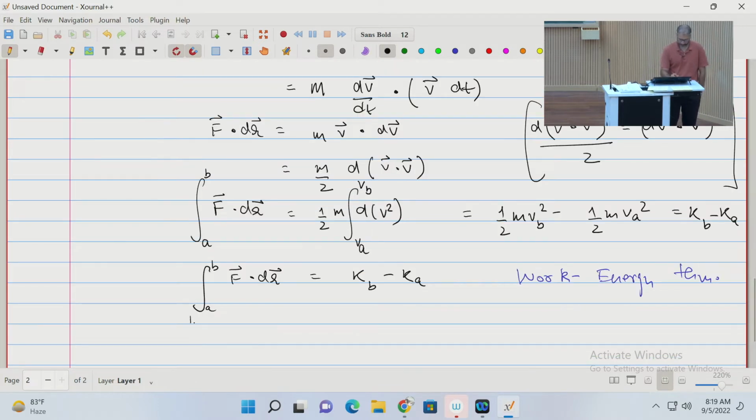So we can write this as, this integral that we have here is a line integral. Well, we call it a line integral, but it's along a curve.